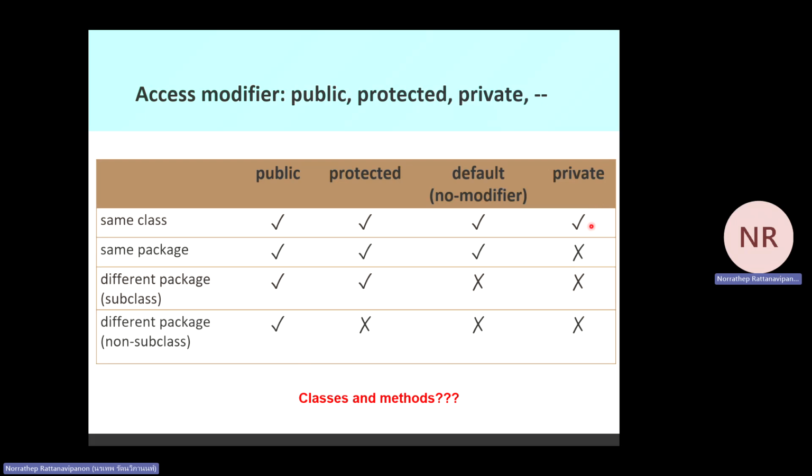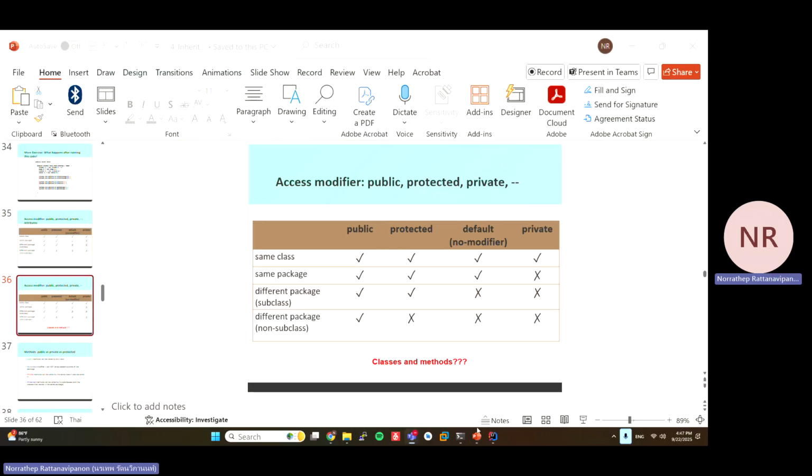If you declare a method to be private, then this method can only be accessed by the class in which it was declared. It cannot be accessed by other classes, including the subclass. So if you want the subclass to be able to access this method as well, then you should declare it as protected.